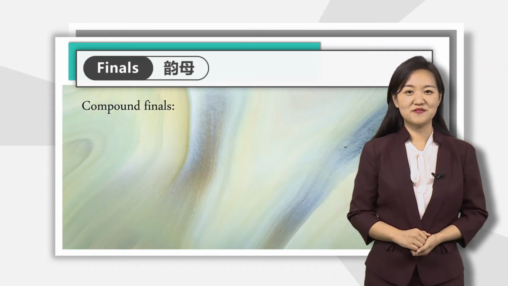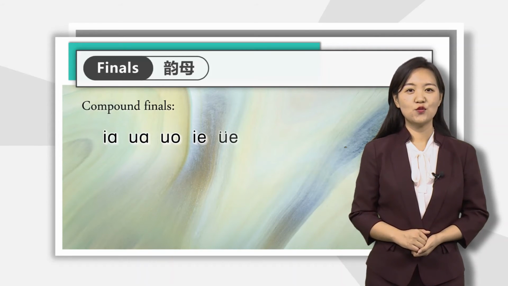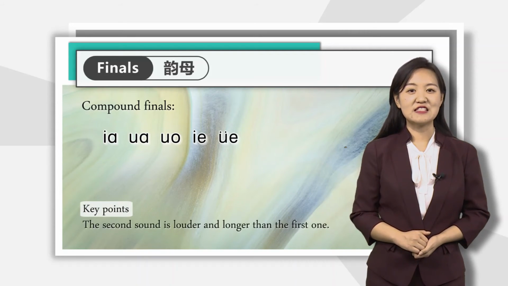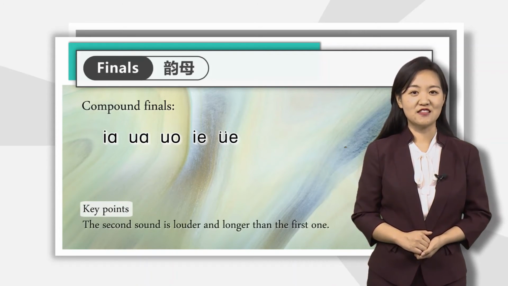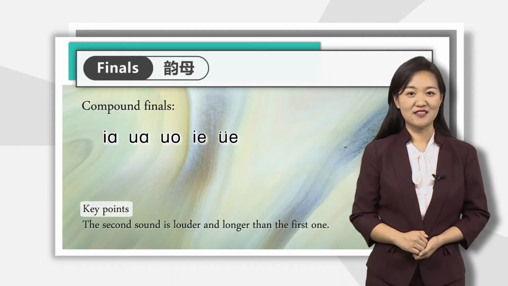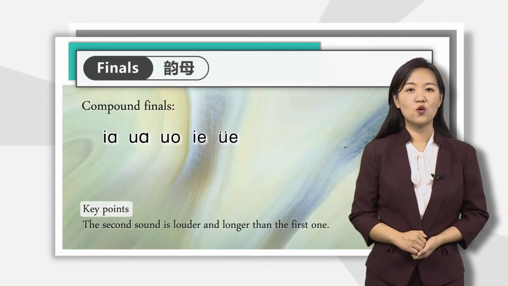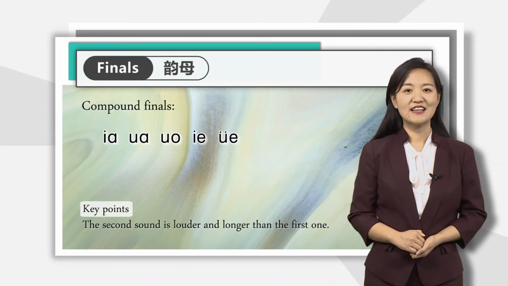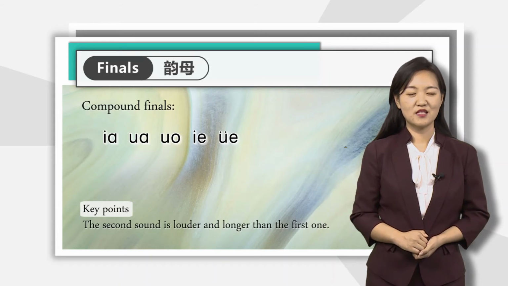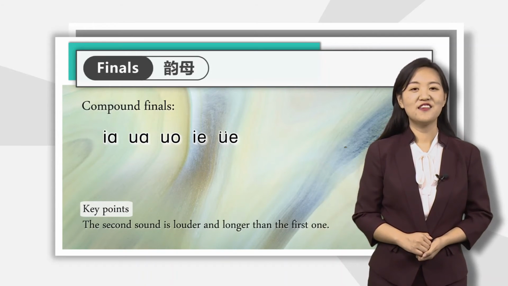The next group, ya, wa, wo, ye, yue. When pronouncing these finals, the second sound should be louder and longer than the first one. Read after me. 呀，哇，窝，耶，约。Very good.